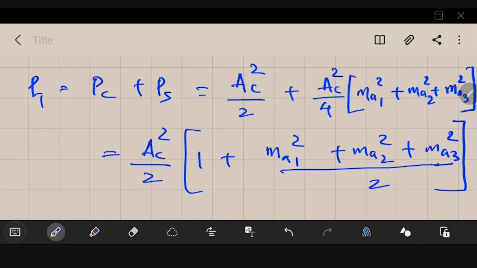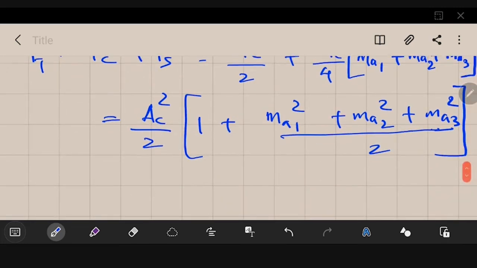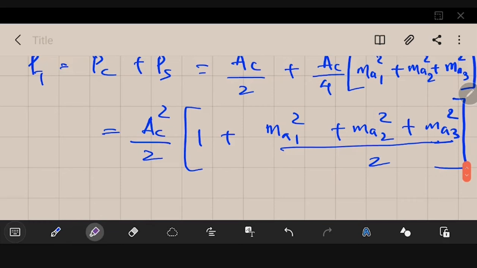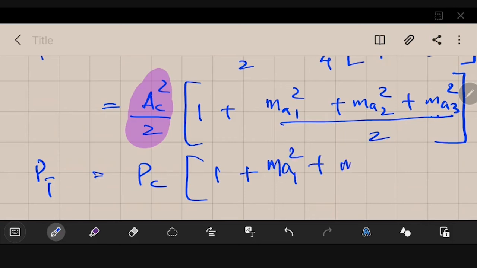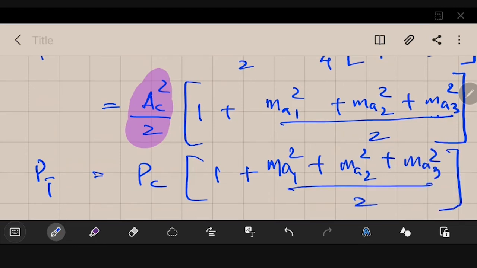So this is basically the expression. Now, if I replace this AC square by 2 with PC, I could write it like this, that PT is equal to PC into 1 plus MA1 square plus MA2 square plus MA3 square by 2. So this is for these three signals.